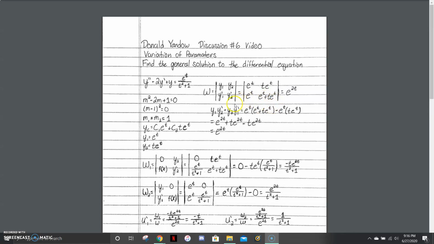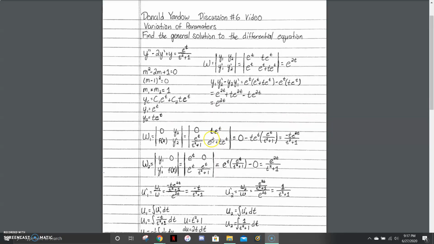So now we can solve this, and it's y1 times y2 prime minus y2 times y1 prime, which gives us e to the t times e to the t plus te to the t minus e to the t times te to the t. So after solving, we get our w to equal e to the 2t.